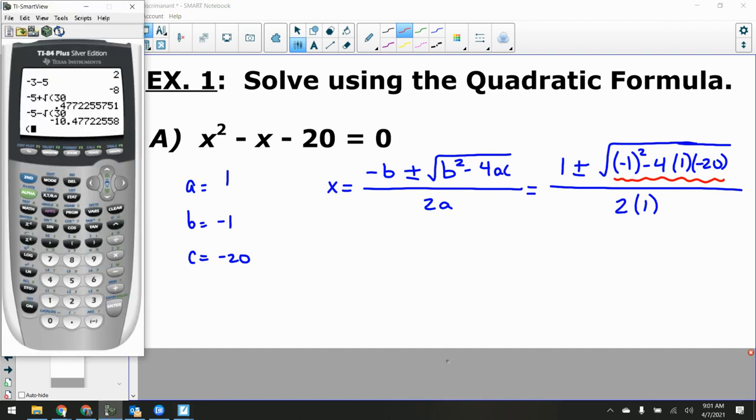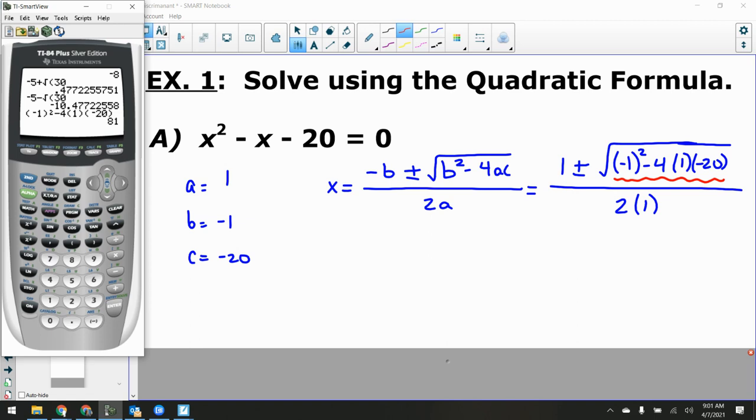All right, so parenthesis, -1 squared, yes, including that parenthesis around the -1, minus 4 times 1 times -20. And I got 81. If you didn't get 81, you plugged something in wrong.